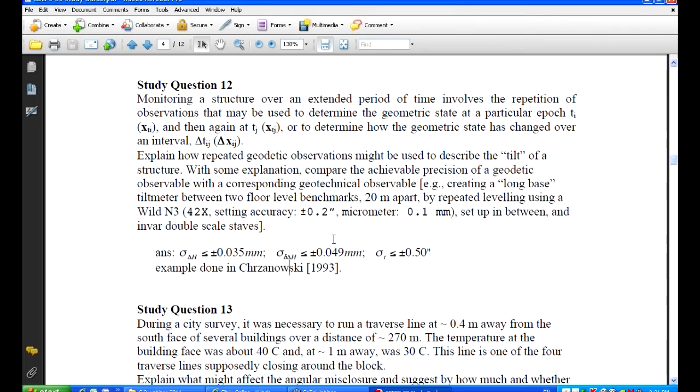If we then take that difference and divide by the horizontal separation between the two benchmarks, that's basically a little bit of an arc subtending a distance, and we can then call that tilt. Of course, if we take delta delta H over, say, S, the distance, that will be in radians, and we can convert that into arc seconds by our friend 206,264.8.